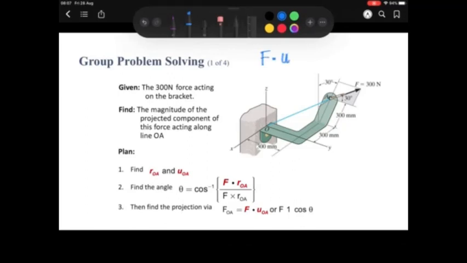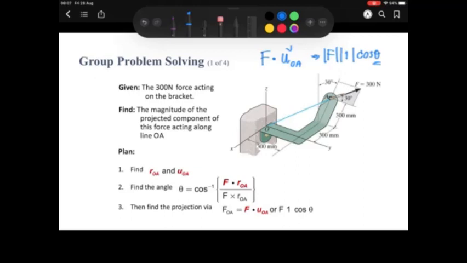Or you can say we want to find it by using the magnitude of F multiplied by 1 and then cos theta, if you know the cos theta between F and the line OA here.